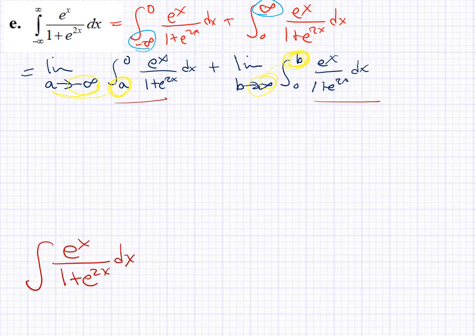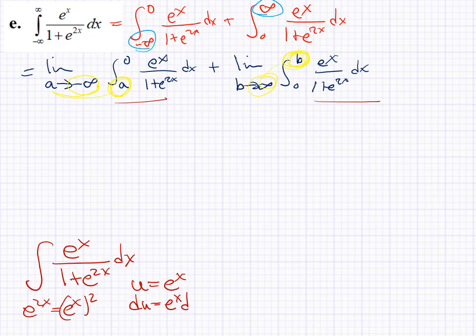Well, the key is that e to the 2x is e to the x squared. We've seen this before. So if I let u equal e to the x, du is e to the x dx, and let's say a equals 1, then what happens?